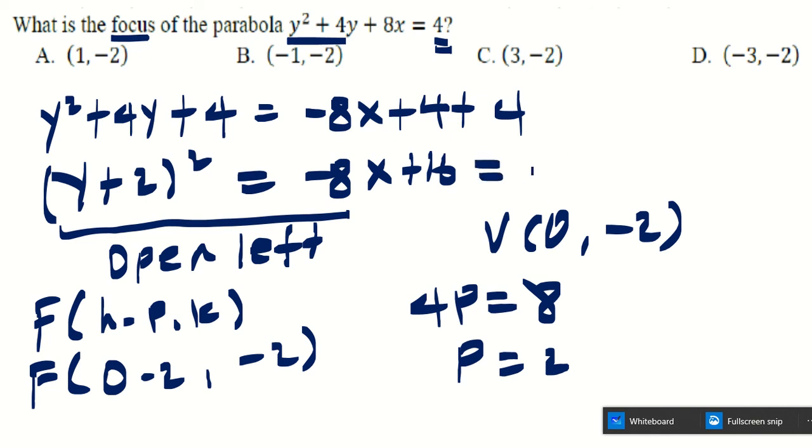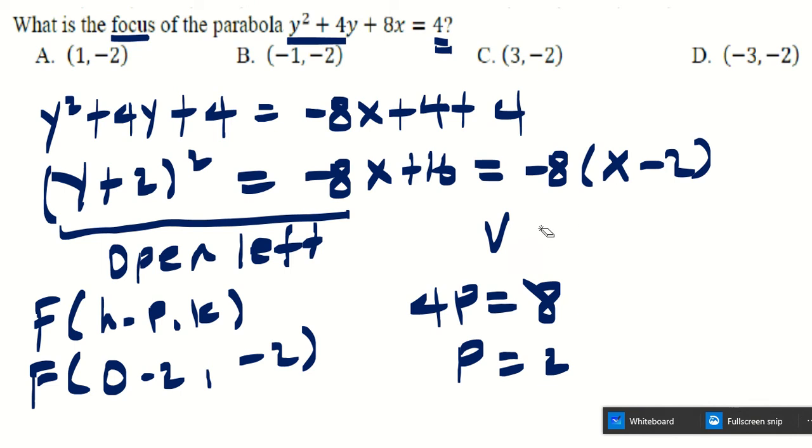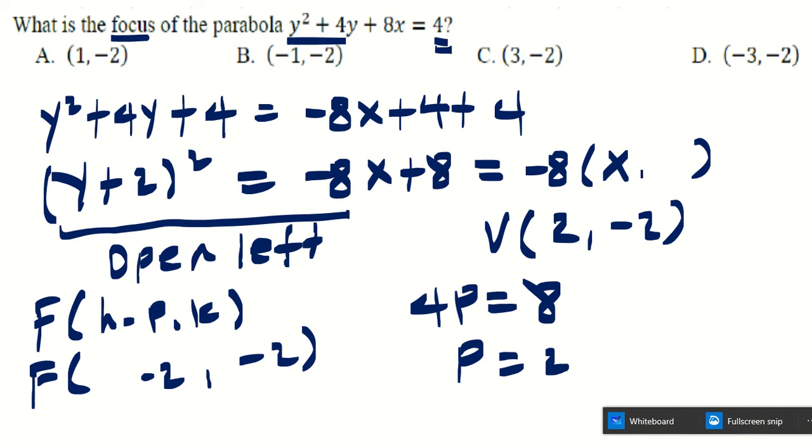Negative 8 is taken out in common, x minus... Silly mistake, we need to take care of this kind of mistake. 4 plus 4 will be plus 8. So with negative 8 taken out, it will be x minus 1. Therefore the vertex will be (1, negative 2).